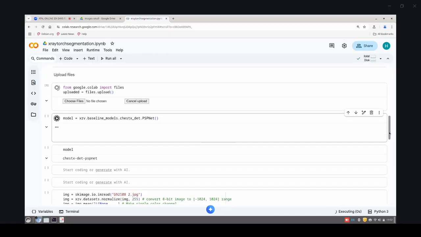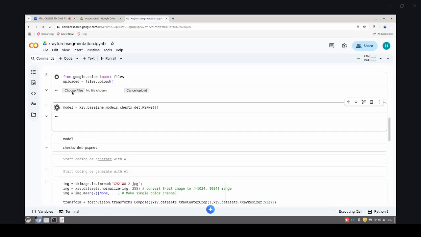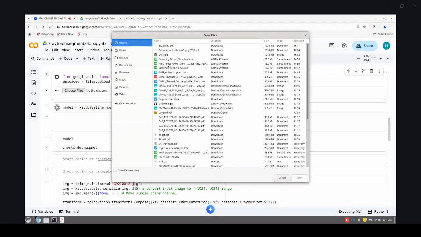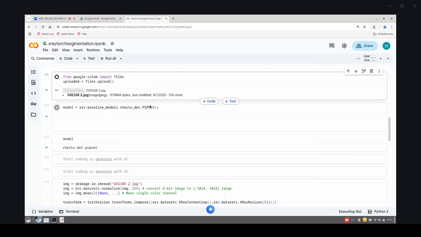So segmentation means I can extract the heart region or lungs region associated with the chest X-ray image.